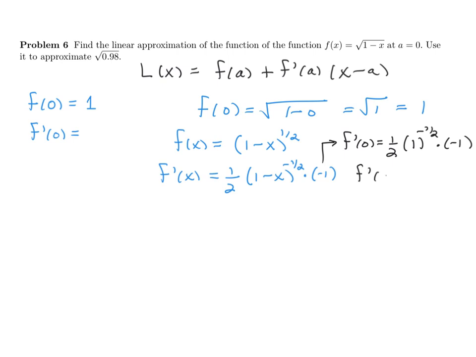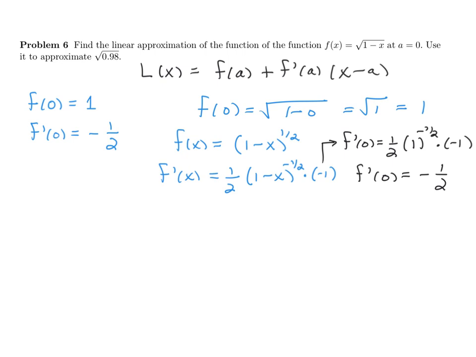So f prime of 0 is minus 1/2. We have everything that we need to figure out the linearization, the linear approximation to this function at 0. I'll write that down next.